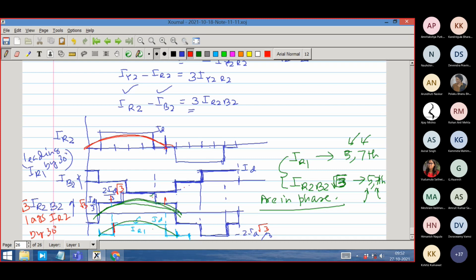This waveform has harmonics, fifth harmonic. This waveform also has fifth harmonic. Which one? This waveform has a fifth harmonic. Okay. First, by shifting them, I align them together. This step waveform, this waveform, this waveform, and this waveform, I align them in phase.